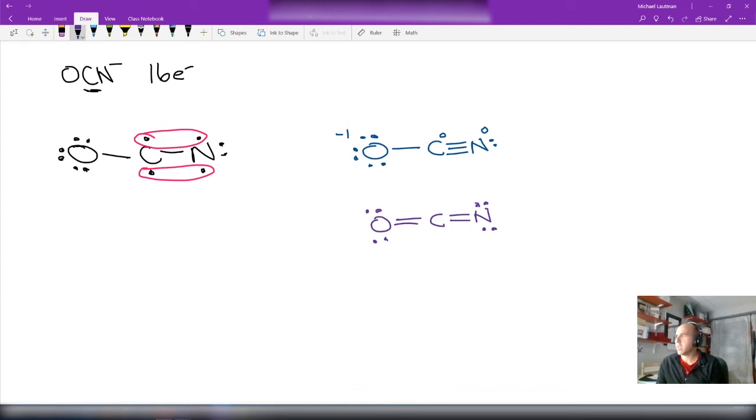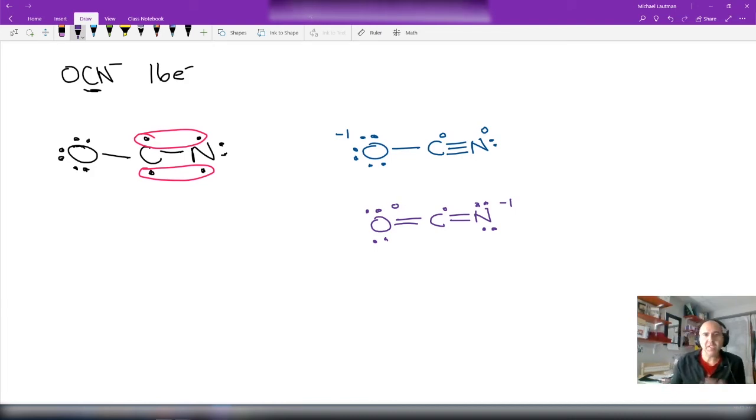The octet rule is satisfied. Formal charge, 1, 2, 3, 4, 5, 6. A neutral nitrogen should have 5, so the formal charge here is minus 1. Carbon, octet rule, 2, 4, 6, 8. That's great. Formal charge, 1, 2, 3, 4. Also good, a formal charge of 0. How about this oxygen? For the octet rule, 1, 2, 3, 4, 5, 6, 7, 8. That's satisfied. And for formal charge, 1, 2, 3, 4, 5, 6, so 0.